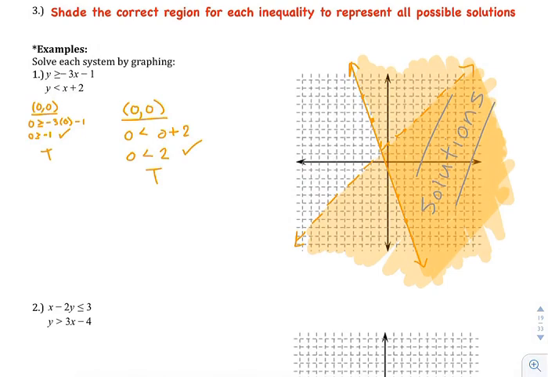So any ordered pair you pick in that section would work for both of these inequalities. So either write solutions in your overlap section, or just make sure that I can tell that that is where the overlap is happening.